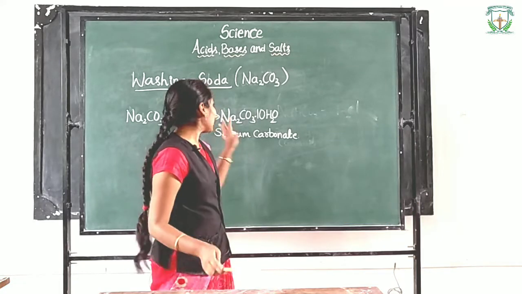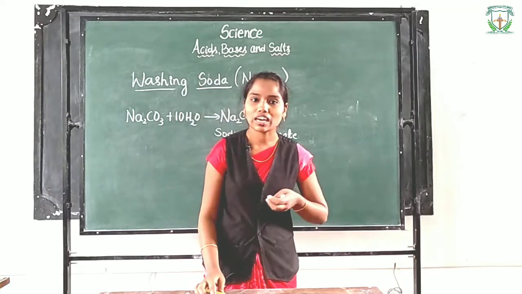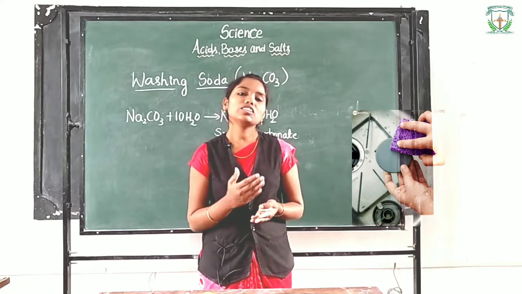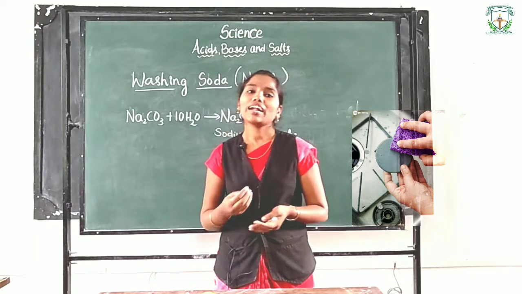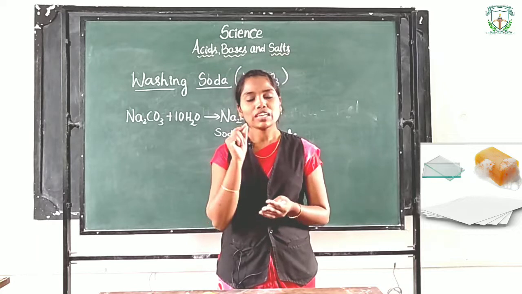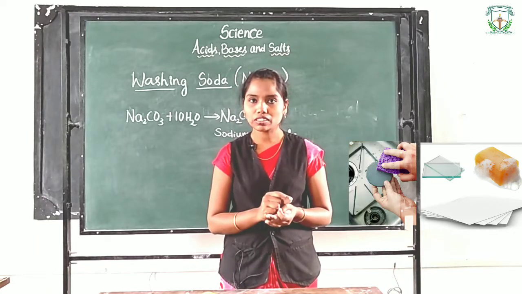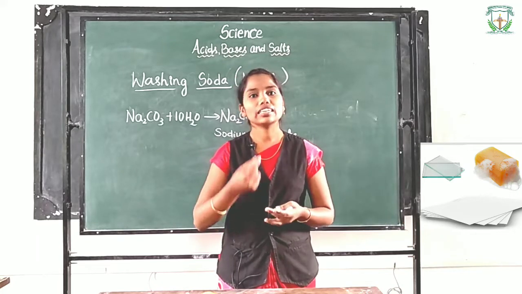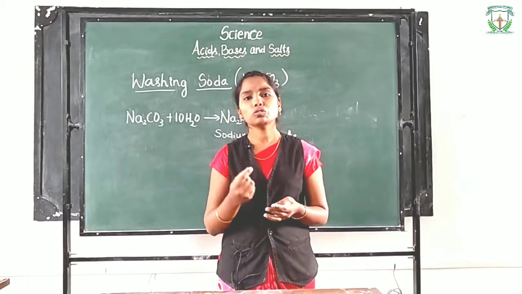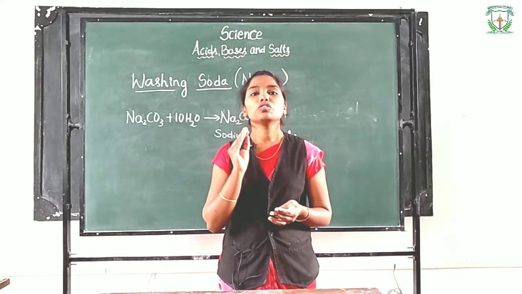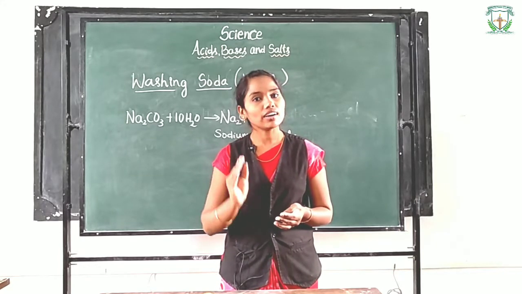Now we will see the uses of washing soda. Washing soda is used as a cleaning agent for domestic purposes, and it is also used in the soap, glass and paper industries. It is also used to remove the permanent hardness of water.